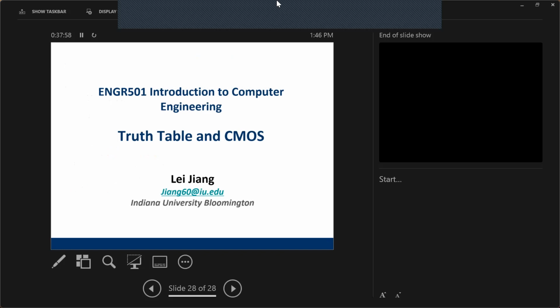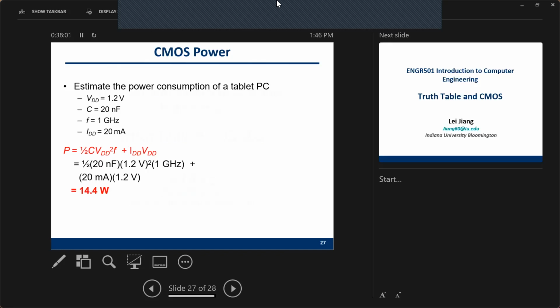Any question? In one of my other classes, I saw that there was a NAND gate. I don't remember how many CMOS transistors it was constructed from, but basically NAND and NOR are the most primitive things. That's right. Why?